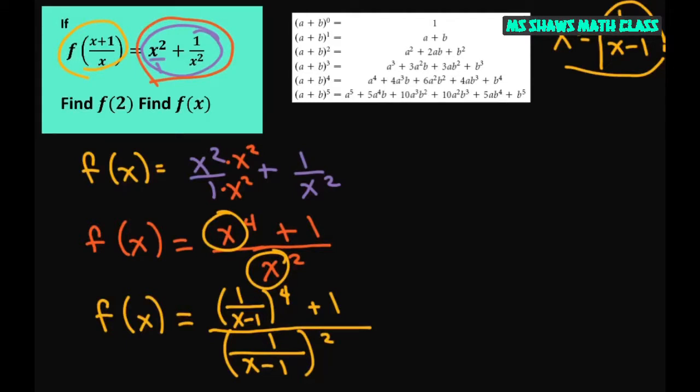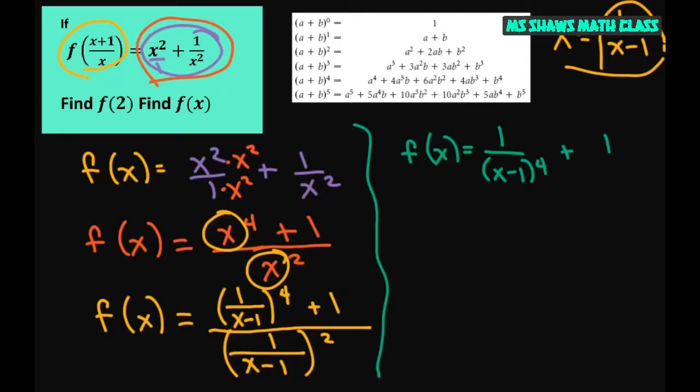Okay, before we move on to the next slide, I'm going to rewrite this as, I'll put it up here, f of x equals 1 to the fourth is just 1, divided by x minus 1 to the fourth. Okay, plus 1. And we're going to deal with this plus 1 in a minute. The denominator is going to be 1, because 1 squared is 1, divided by x minus 1 squared.